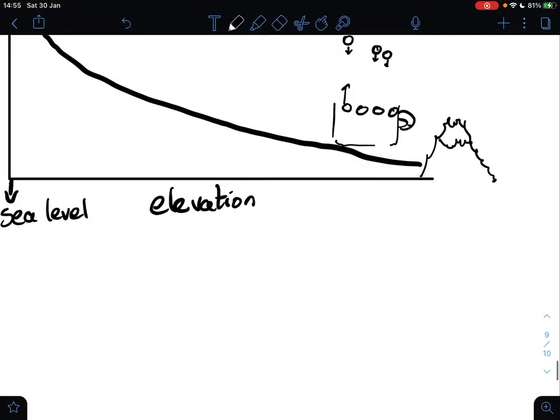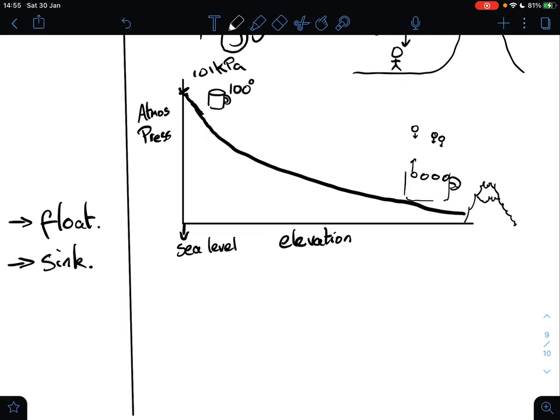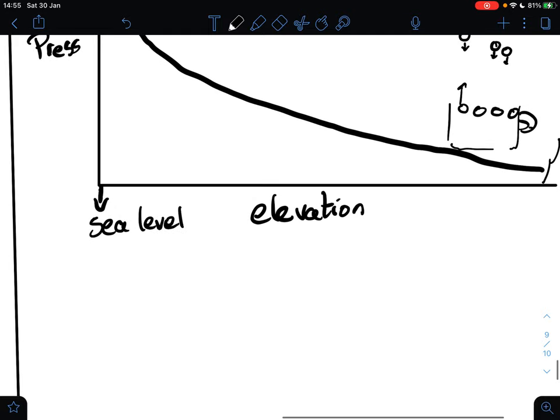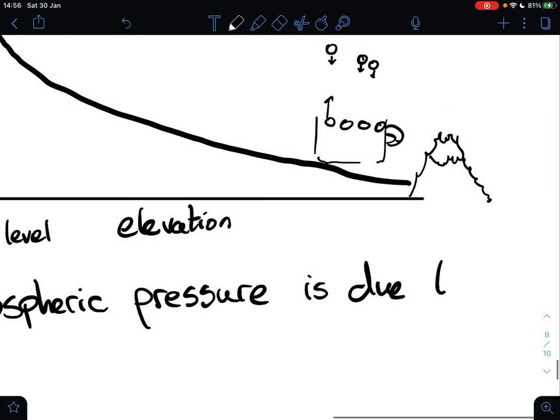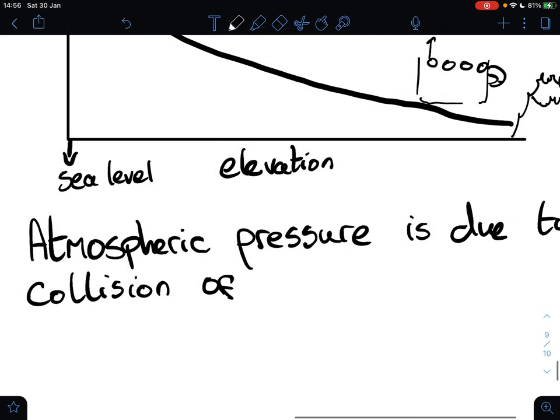Actually, let's just write that up into a few key facts. So we'll put sea level. Let's get this right. Let's write what pressure is first. So atmospheric pressure is due to collisions of particles.